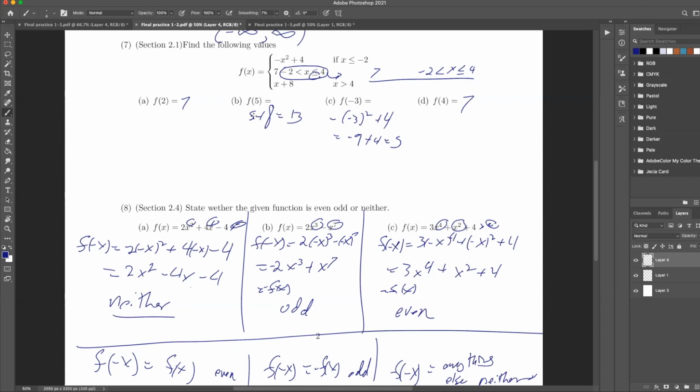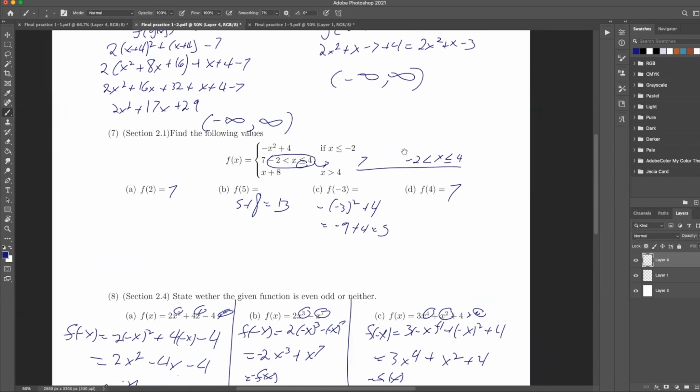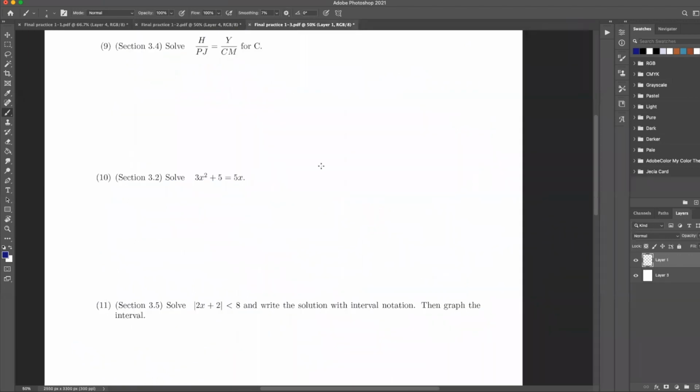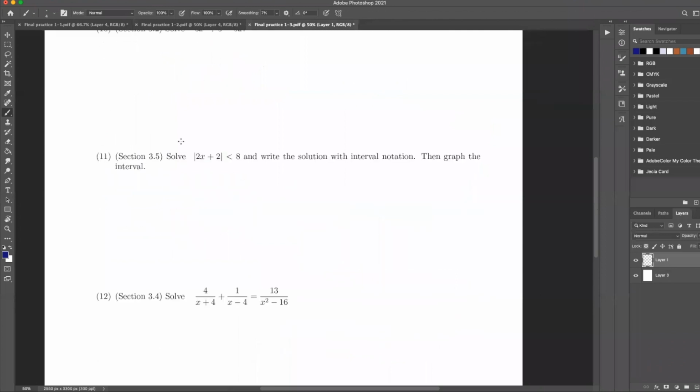Okay, any questions from this page? Why something's even or odd, following function values, and all this. Okay. All right, so let's do the next.